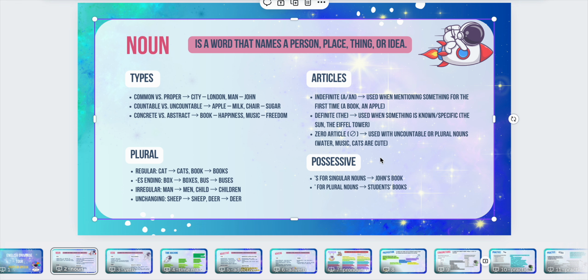Maybe for you it's not so difficult, and it's very good because we don't have articles in Ukrainian, neither in Russian. So for an Eastern European speaker, it's quite difficult.